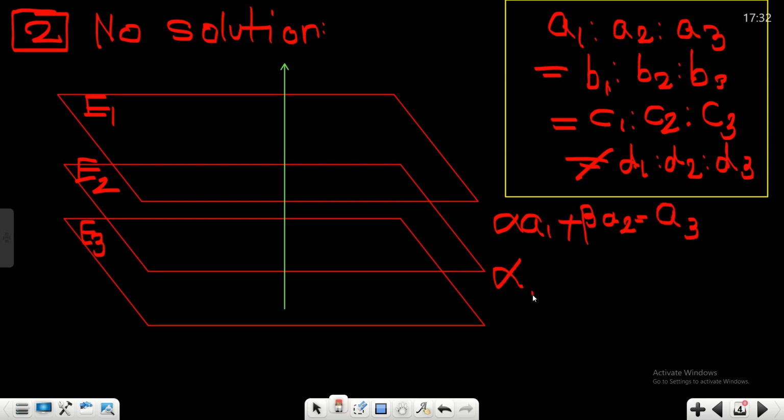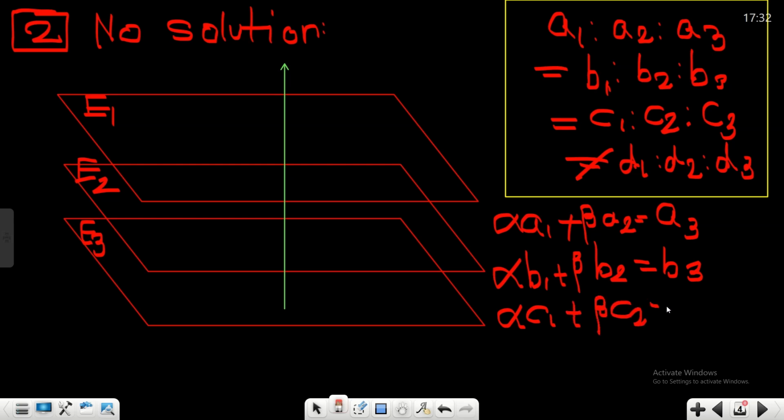Similarly, alpha times B1 plus beta times B2 should be equal to B3, and similarly with C1, C2, C3 as well. Alpha times C1 plus beta times C2 is equal to C3, but alpha times D1 plus beta times D2 should not be equal to D3. Okay, so that is the only thing that I have written over here.